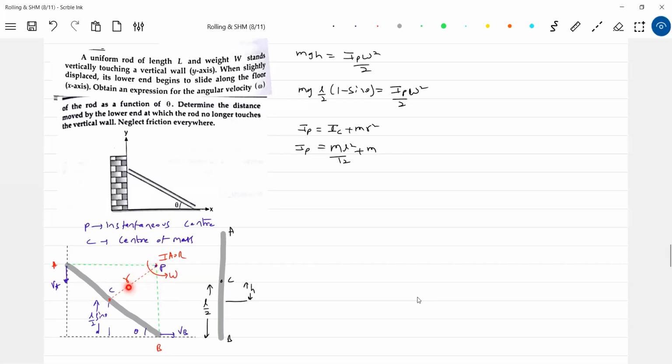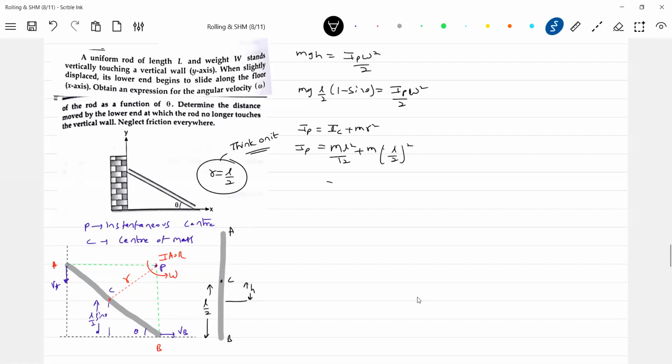Therefore this should be the diagonal, then this should be half of the diagonal. So R should be L by 2. Okay, think on it. So I got the value of Ip.